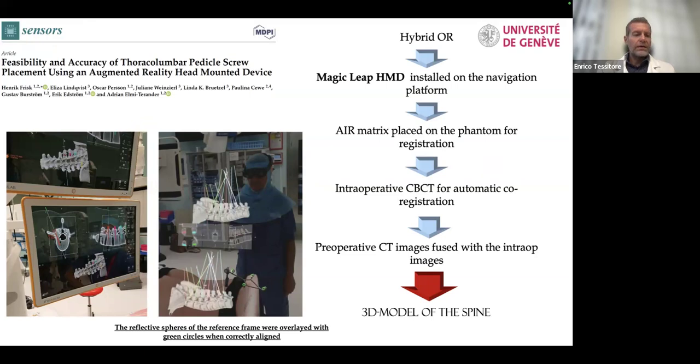The software is doing the merging between the real CT scan and the computer-generated images. And there is a need for overlaying of the reference array and frame, with what we see here in green, the green balls. So the reflective spheres are perfectly overlaying, otherwise the technology won't work. And of course, there's been a preoperative CT scan done with cone beam CT, creating at the end a 3D model of the spine.